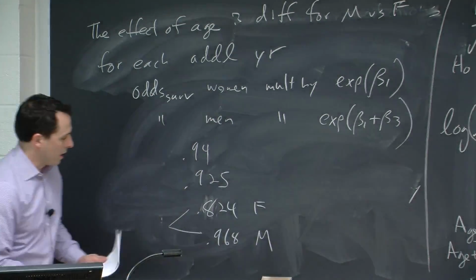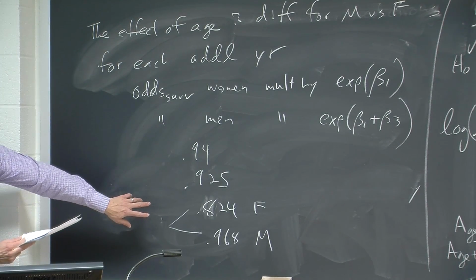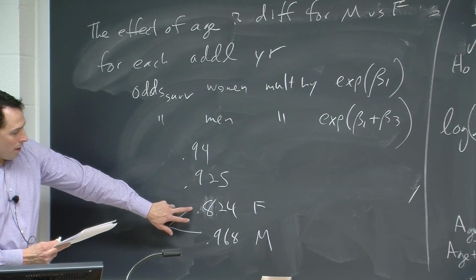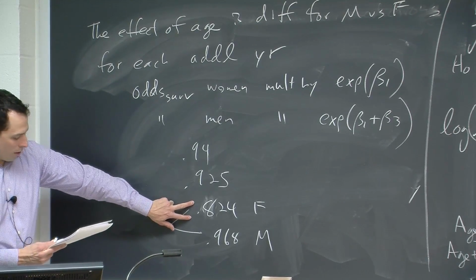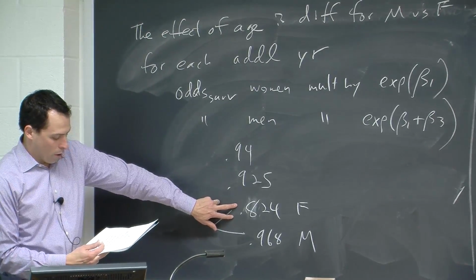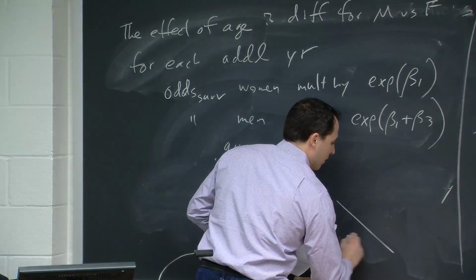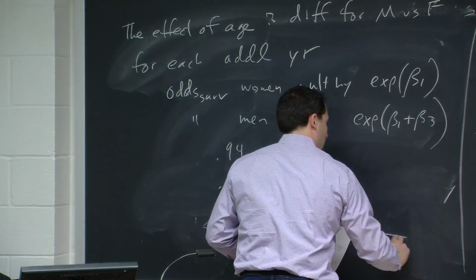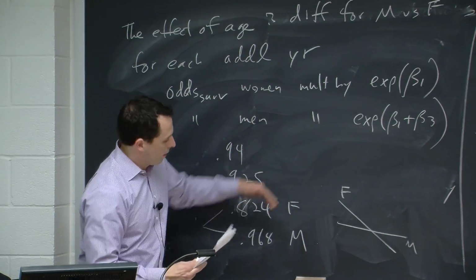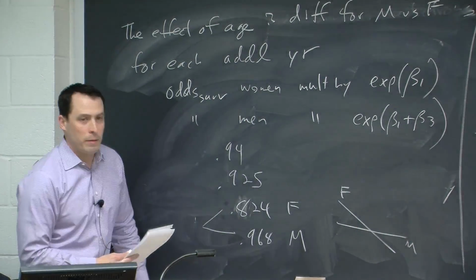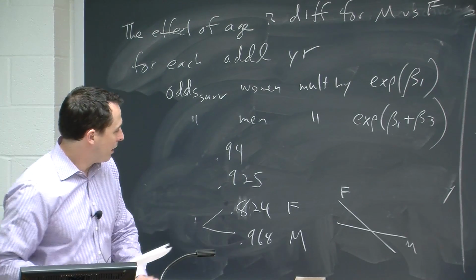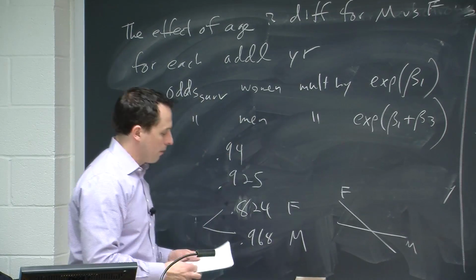So what that says is that females are more likely to survive, but age reduces their survival probability more quickly. This is F, something like that, and that's M. The slope is steeper, even if the overall probability of survival is higher.